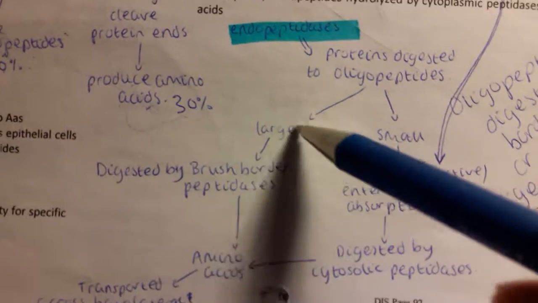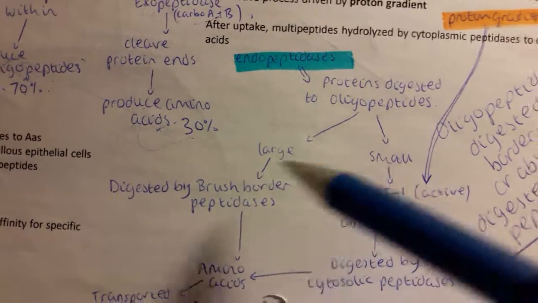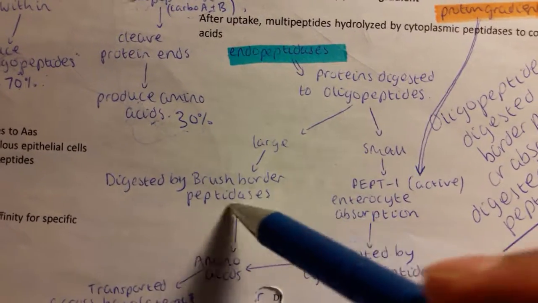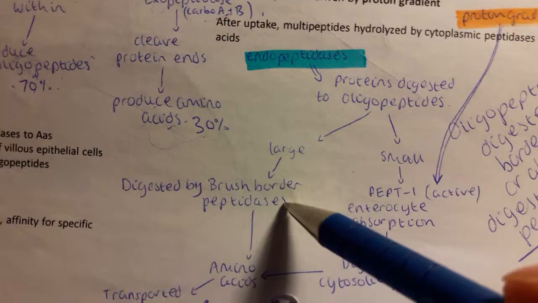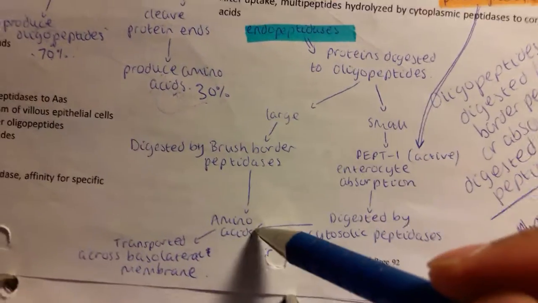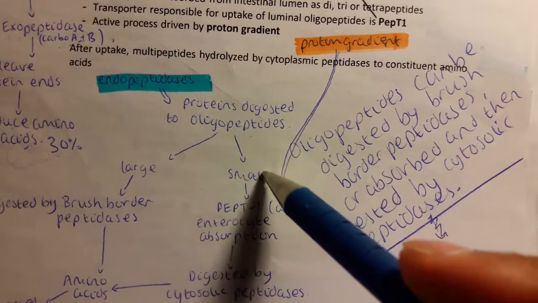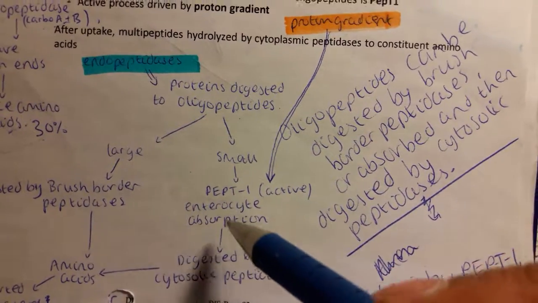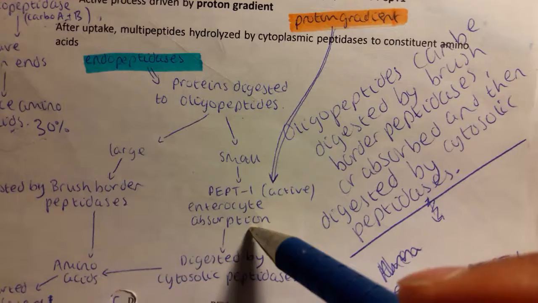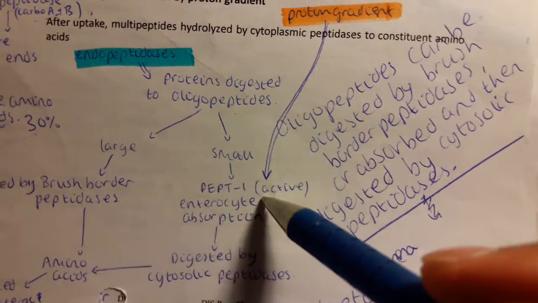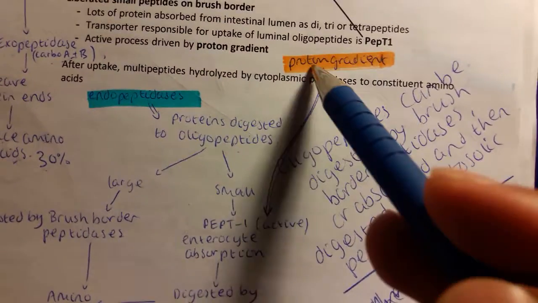Well, the large oligopeptides need to be broken down even further, so they're digested by brush border peptidases to form amino acids. Whereas the small oligopeptides are transported into the enterocyte via the PepT1 cotransporter with hydrogen.